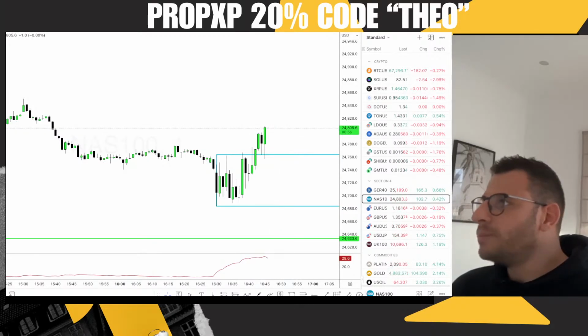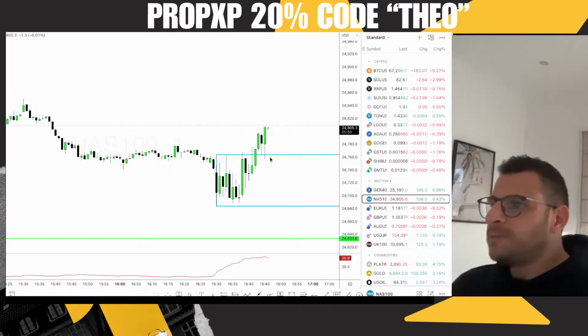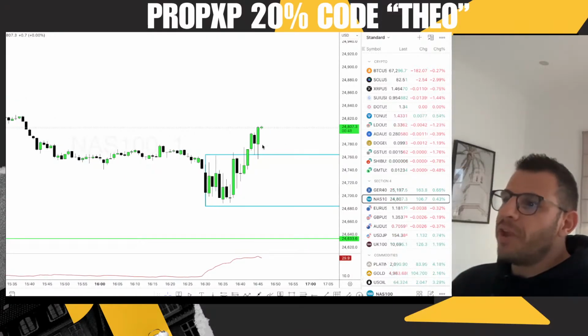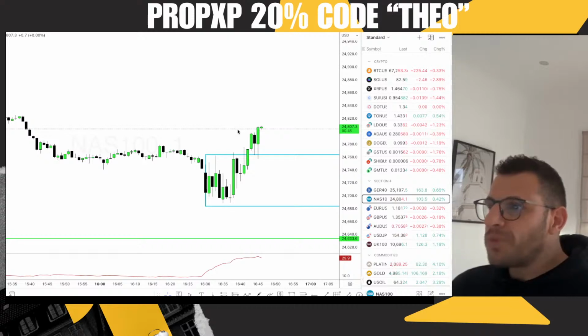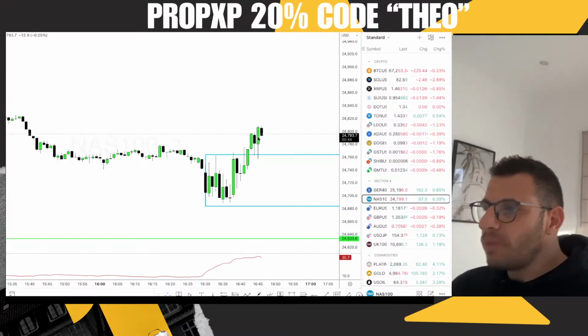Bullish engulfing. Look at this bullish engulfing here. Let's see if the market will reward the buyers.